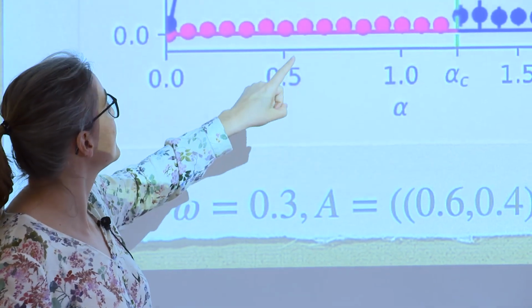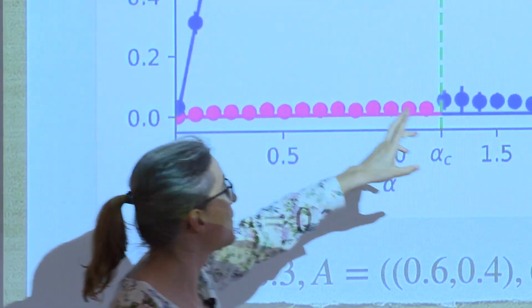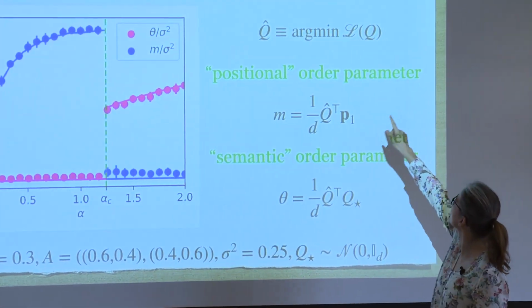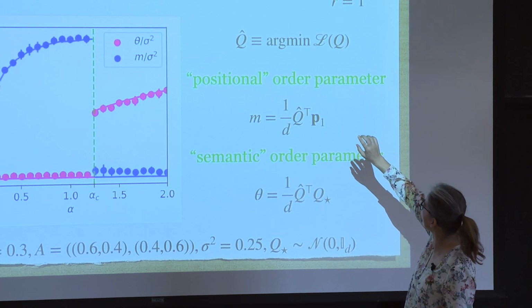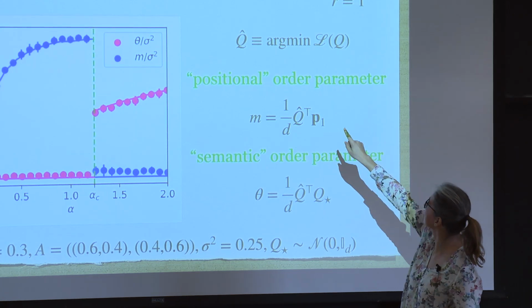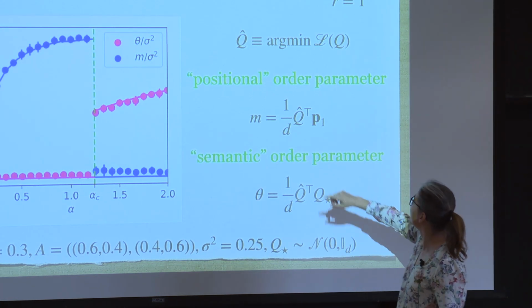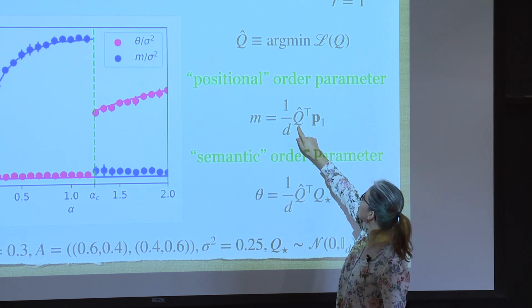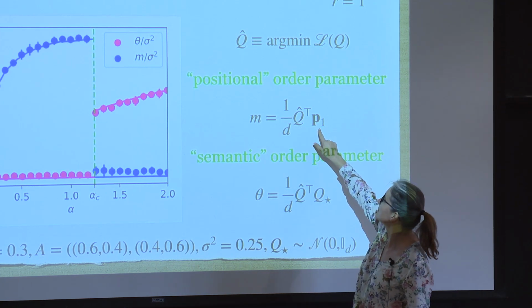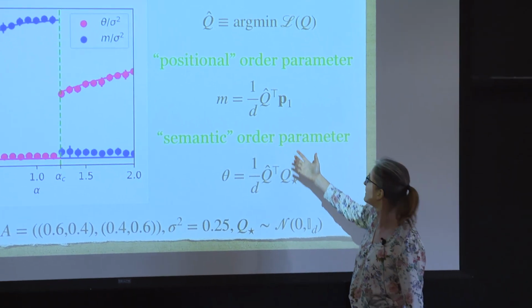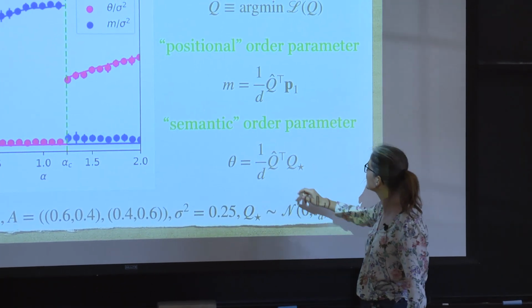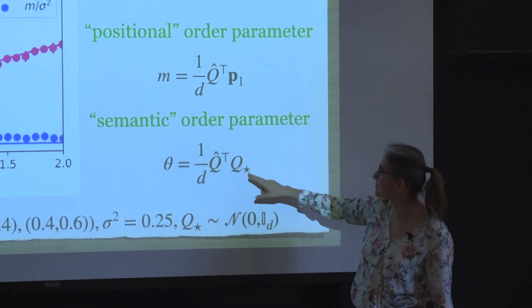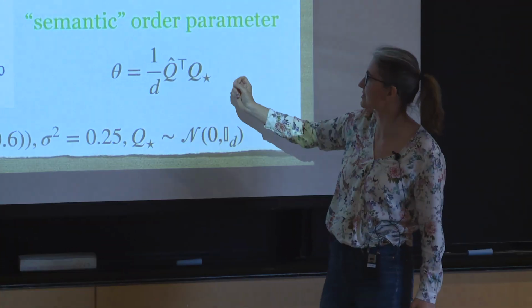And what is plotted is what I call order parameters. I look at the global minimizer of the loss, I call it Q hat. Then I look at the correlation between the Q hat and the position P that I imposed. That's one order parameter. I also look at the correlation between the Q hat and the Q star, the ground truth Q that was used to create my actual labels.